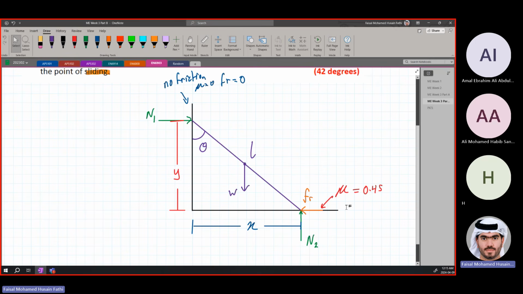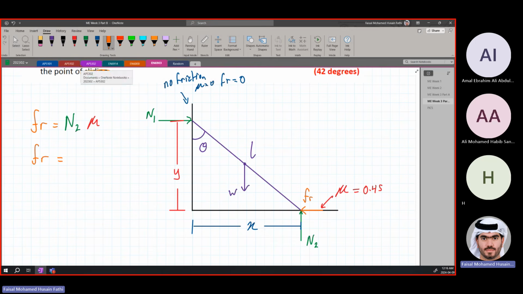The only value they gave us is the coefficient of friction of the floor. So if we write the equations that we know, I always start with the friction force. Fr is equal to N2 times mu, so our friction force is going to be equal to 0.45 times N2.